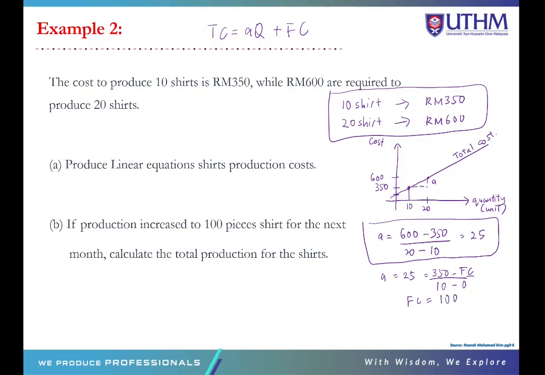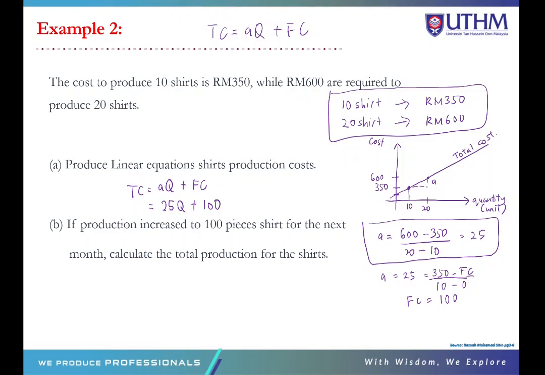Now you have all the information to substitute into the basic equation, TC equals AQ plus FC. Total cost equals, A now is 25, Q plus fixed cost 100. This is the linear equation for the shirt production cost.